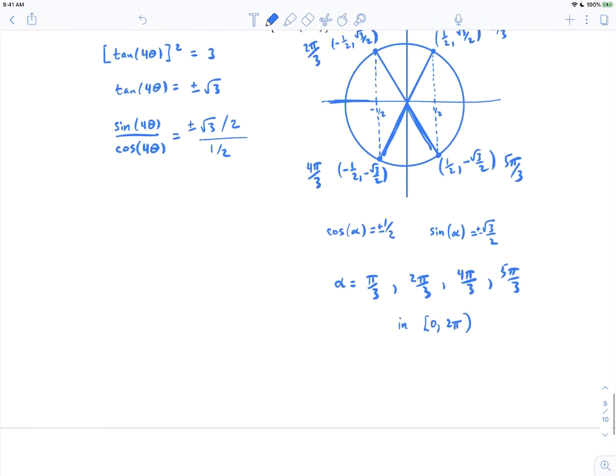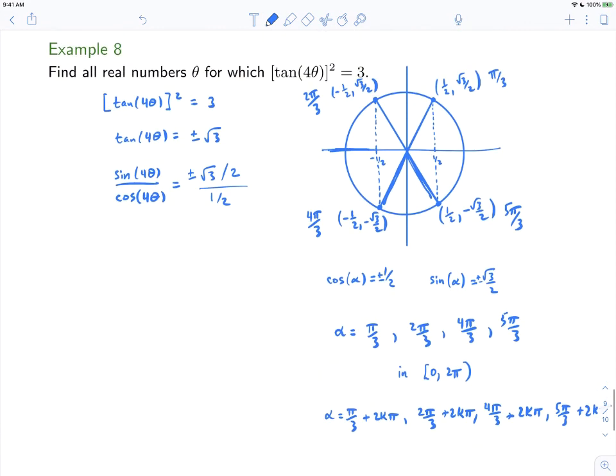So we could say that alpha is equal to pi over 3 plus 2k pi, and for all the other ones too: 4 pi over 3 plus 2k pi, and then finally 5 pi over 3 plus 2k pi.